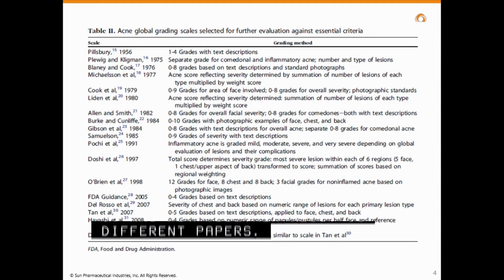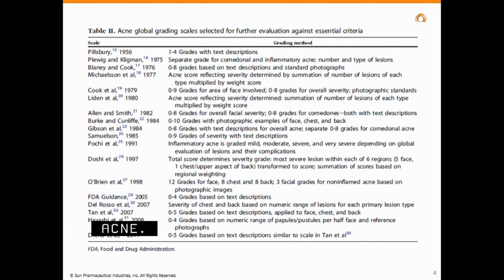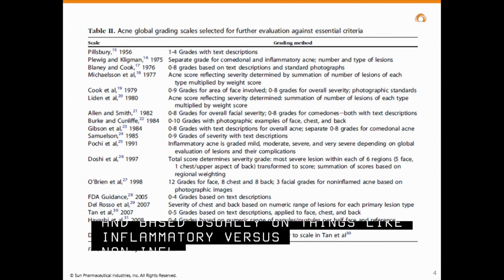As you can see on this slide, here are about 18 of the probably 40 or 50 different categories, including one by the FDA that you can see towards the bottom. They vary based upon things like inflammatory versus non-inflammatory components, whether they're found on the trunk as opposed to just the face, the number of lesions, and the distribution of the lesions.